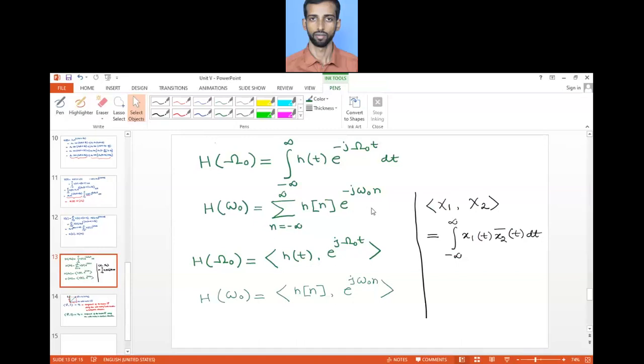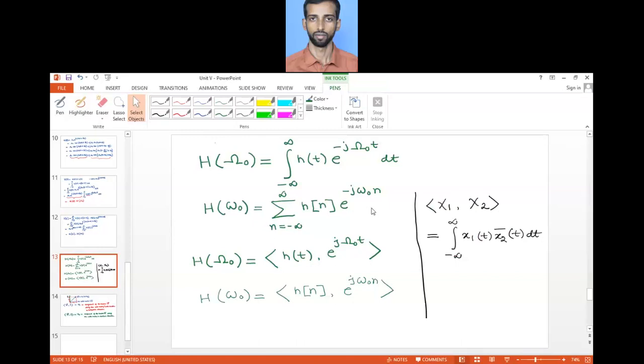Then what is the inner product between the impulse response and the complex rotating phasor? This is nothing but the component of the impulse response along this unit vector, or this particular frequency. So we will discuss a lot. That is the very crucial juncture of our discussion of signals and systems in the frequency domain.